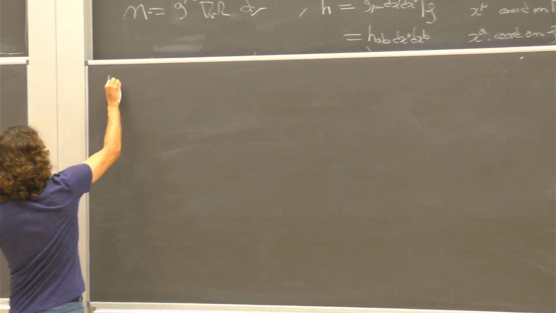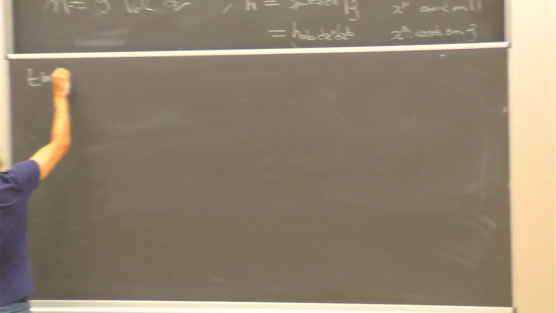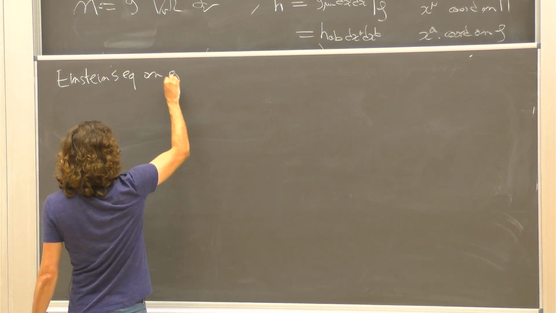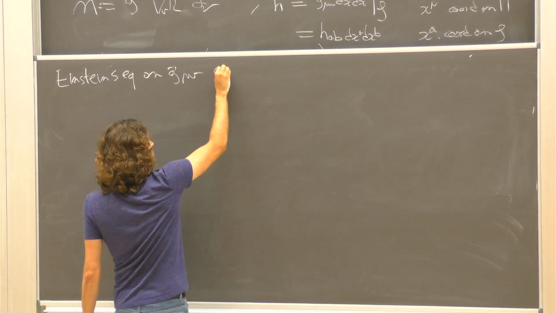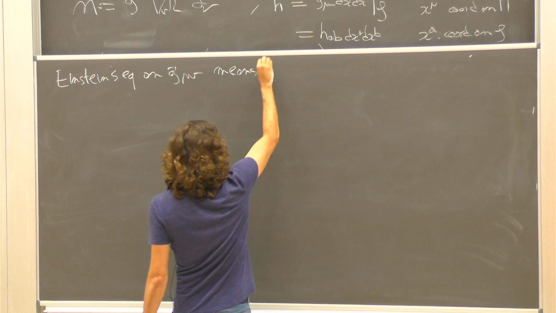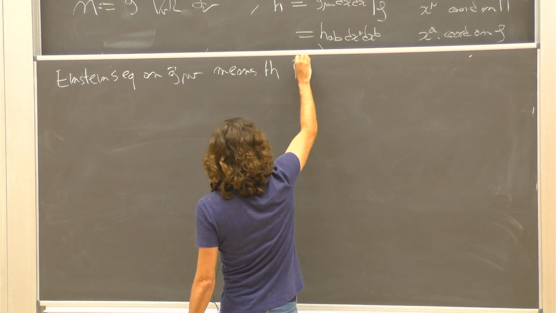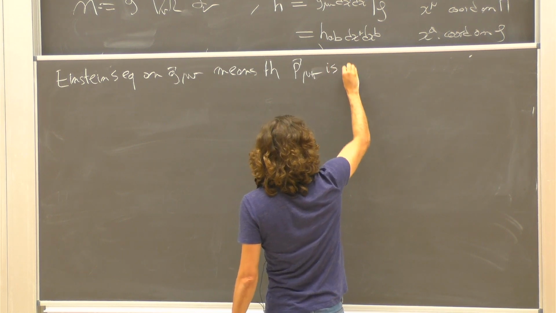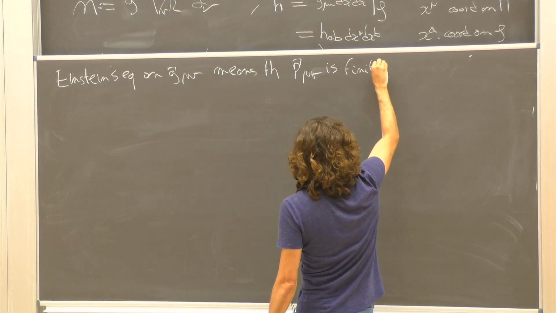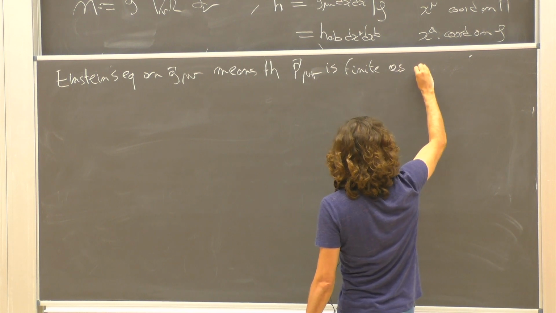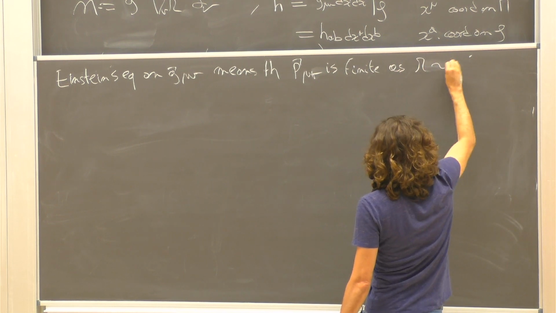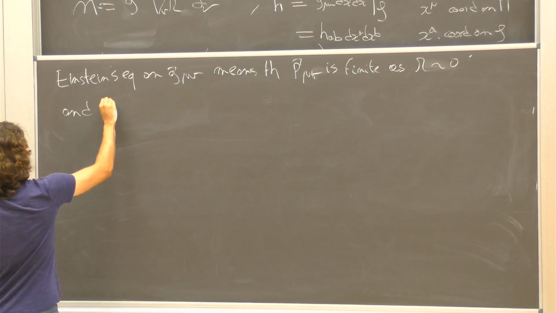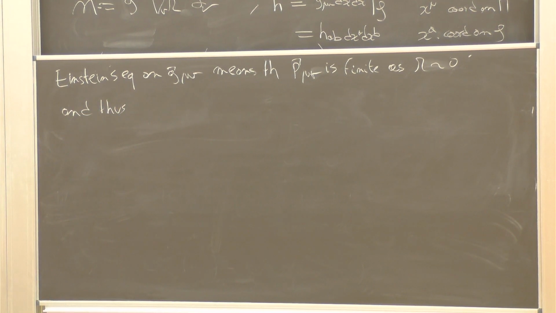So the Einstein equation on G tilde means that this P tilde is finite, in fact 0 as omega goes to 0, and thus this term cannot be here.